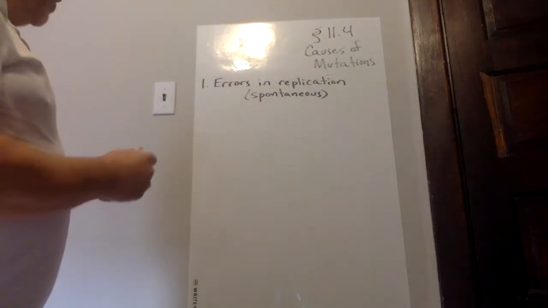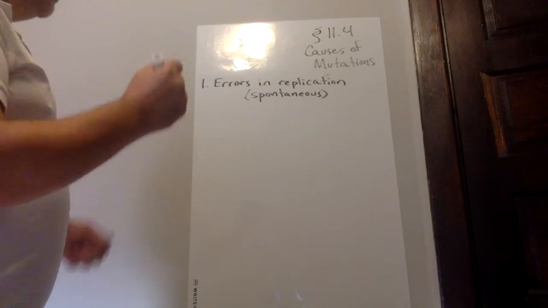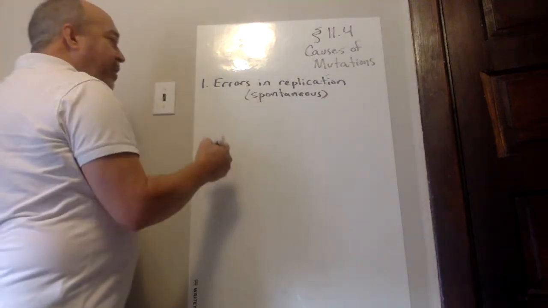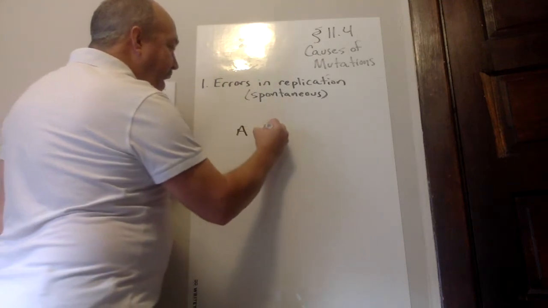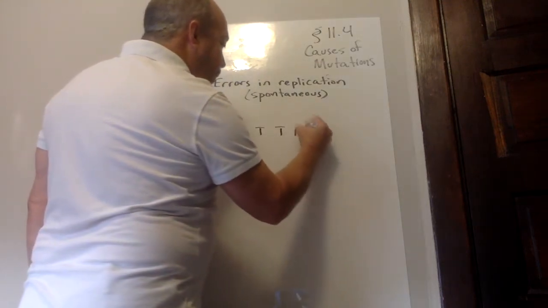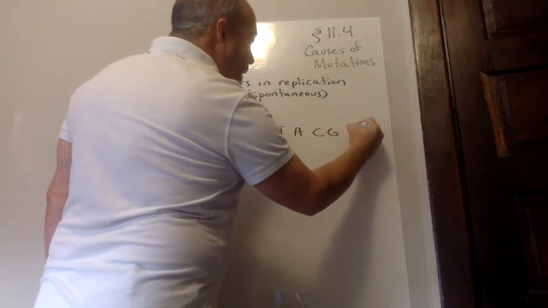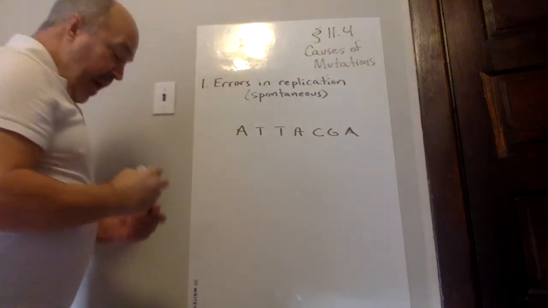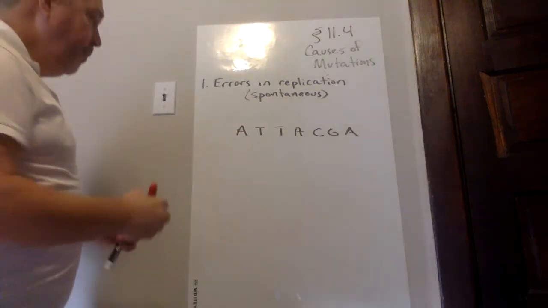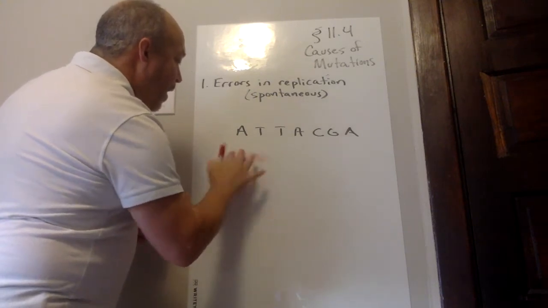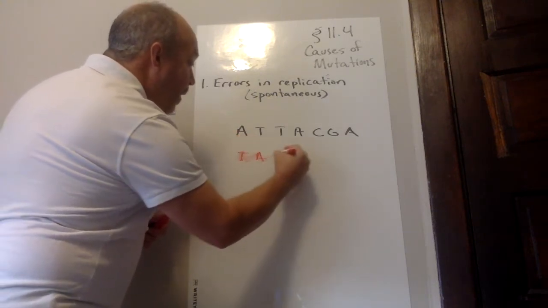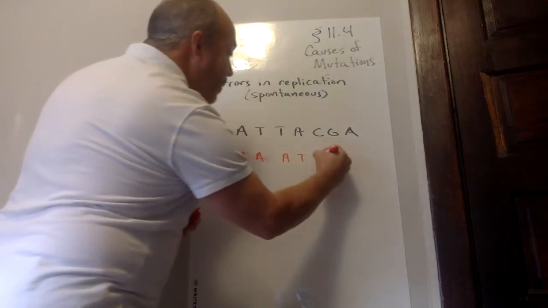We went over replication in our review early in the semester, and this is what is called a spontaneous mutation. So let's say we have a strand of DNA, and it would have complementary pairs.